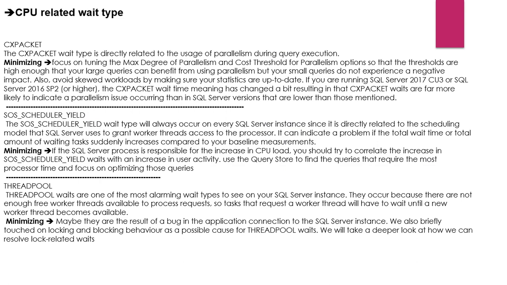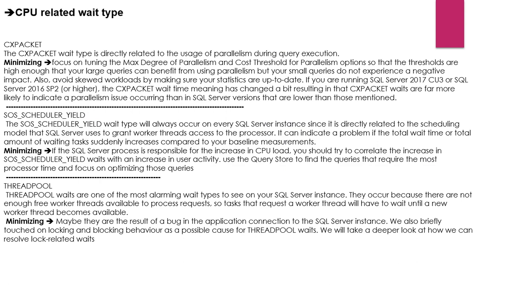CXPACKET, let's understand CXPACKET. The CXPACKET wait type is directly related to the use of parallelism during query execution. If you allow queries to run using parallelism, we will always see CXPACKET waits. Normally, this is nothing to worry about. So, we need to avoid the knee-jerk reaction of turning off parallelism completely.